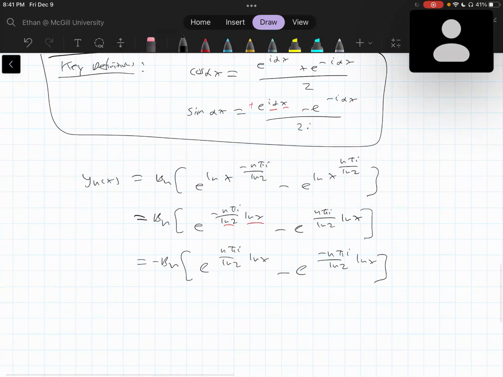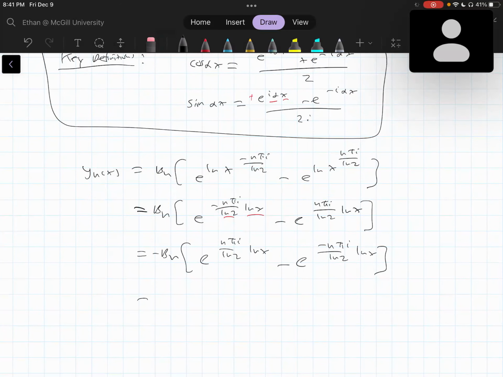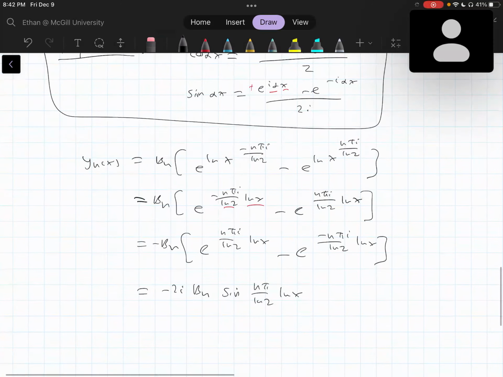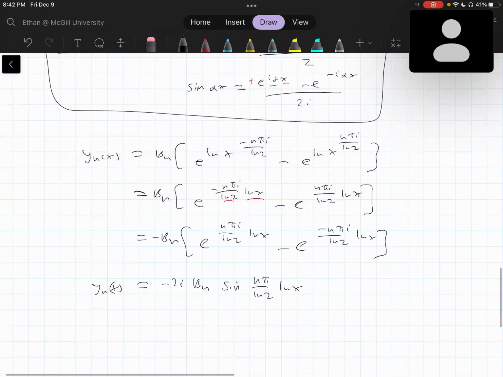Okay, now it matches the expression above pretty well. So we'll say that this is equal to negative 2i b_n times sine of alpha x. So alpha is just going to be n pi over ln 2, and x is ln x. And that's basically it.